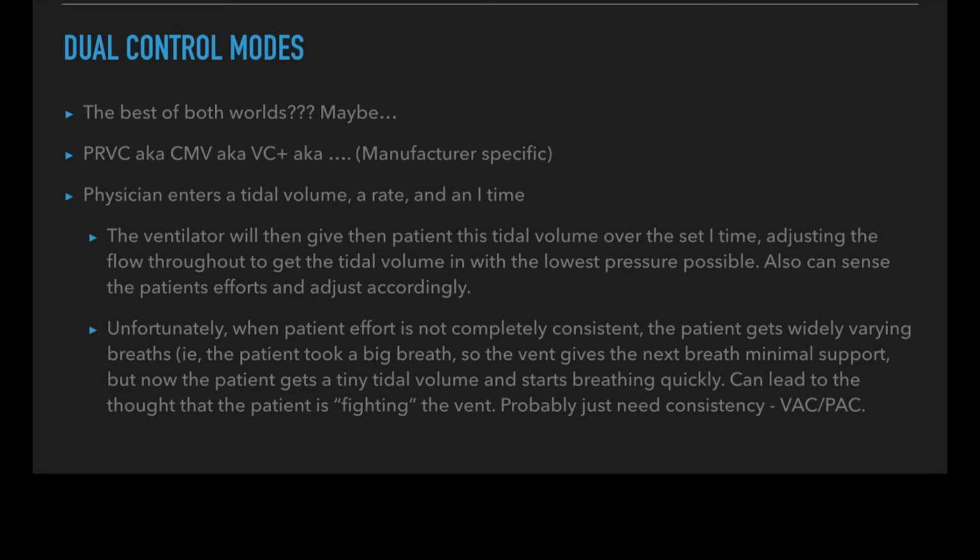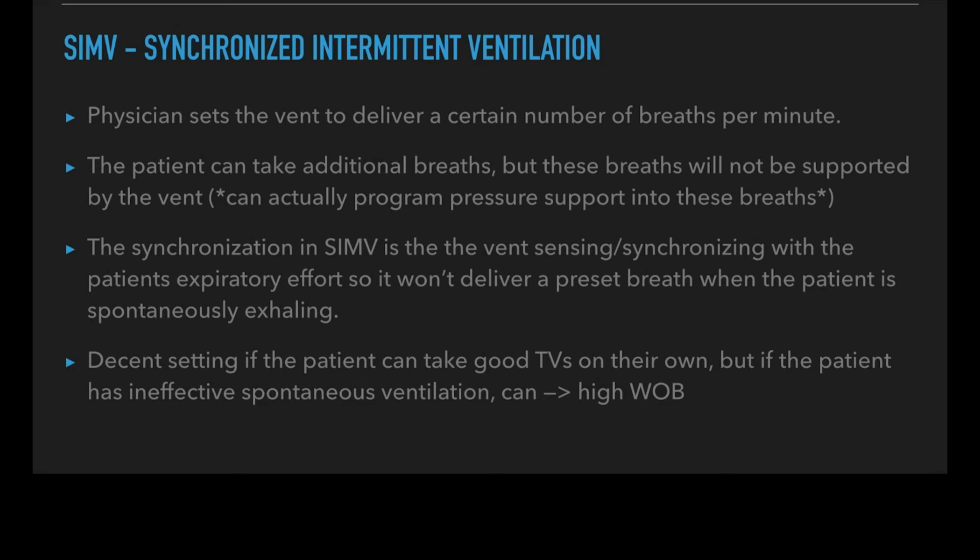Then you get called and you say, hey, the patient's fighting the vent. And in fact, they're probably not fighting the vent. They're probably just not taking consistent breaths. And you may be better off, instead of sedating them and paralyzing them, just switching their vent mode to something more consistent, like volume assist control or pressure assist control.